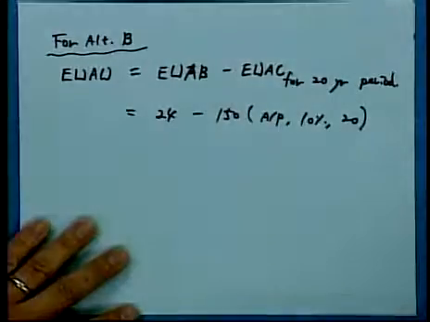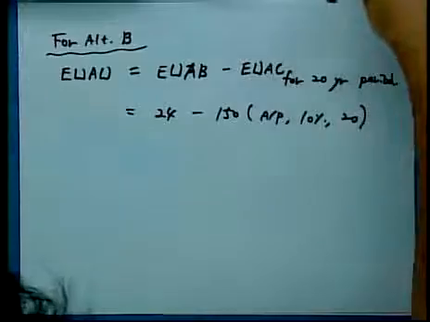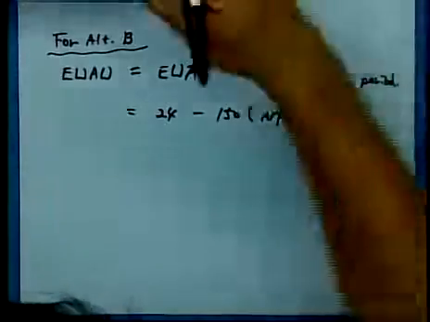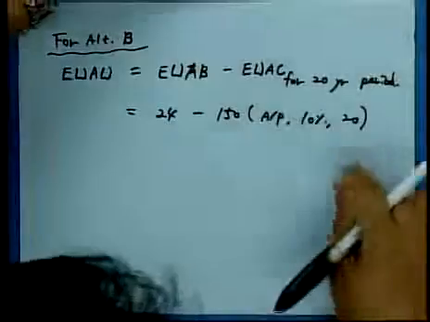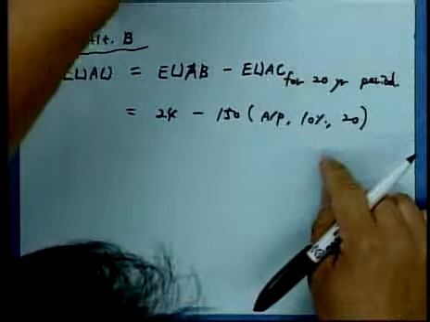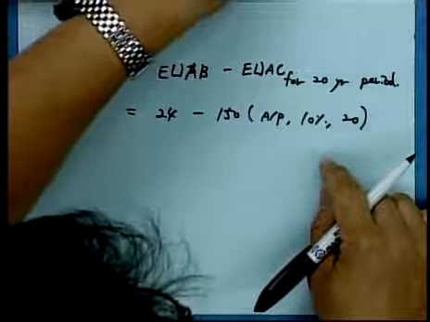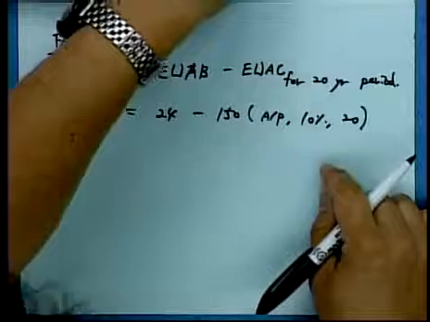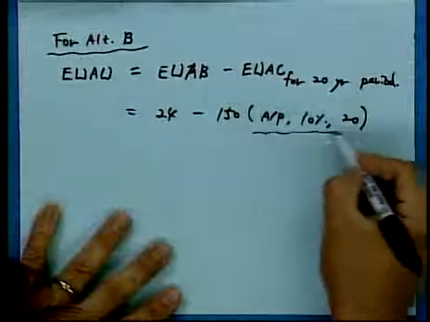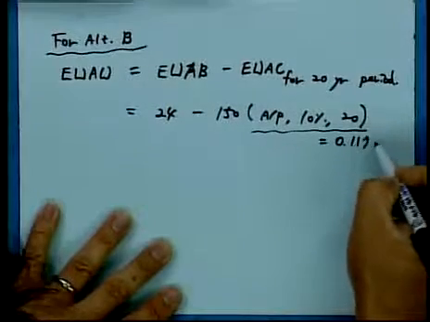So what is the table value for this? 10% A given P over 20 periods. That is 0.1175.